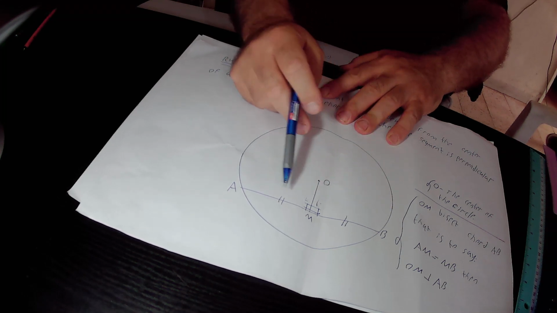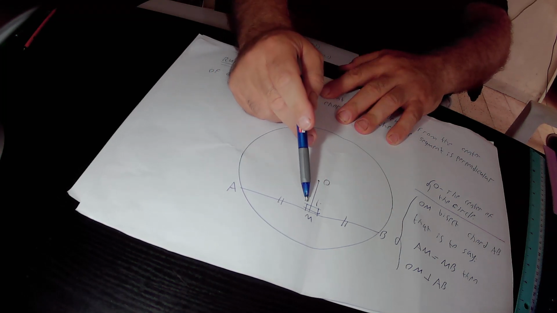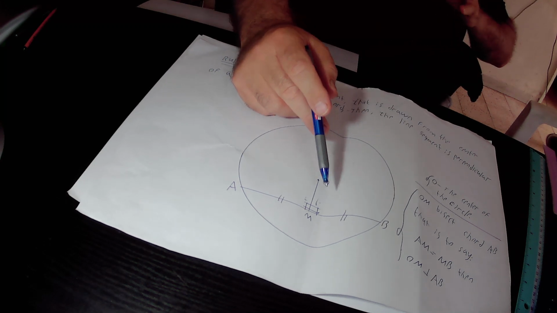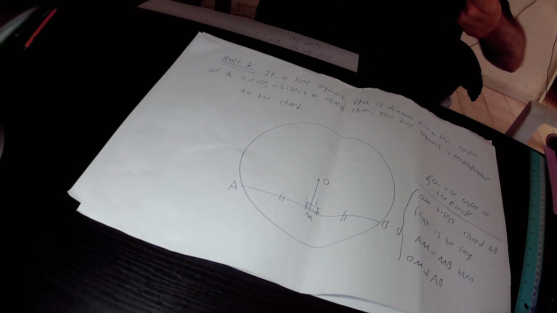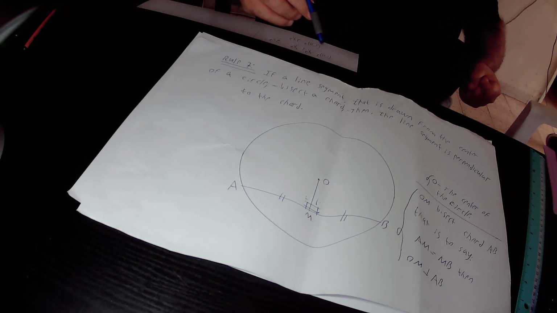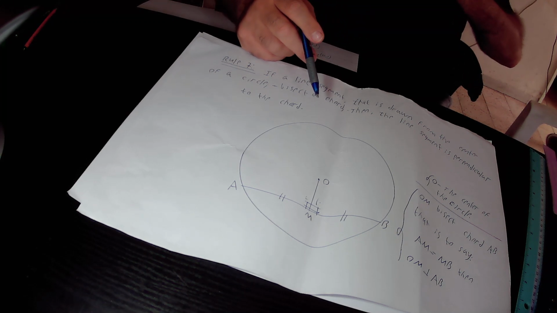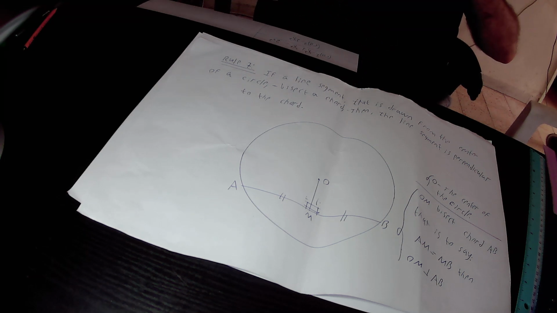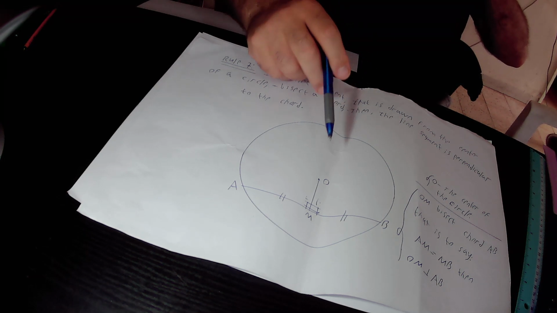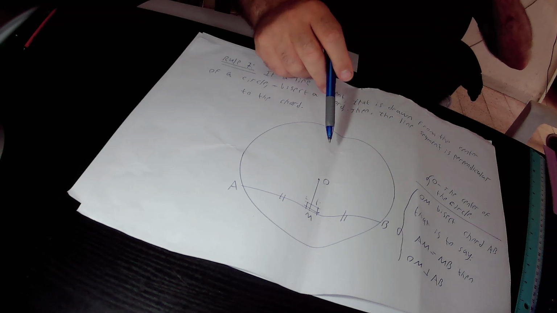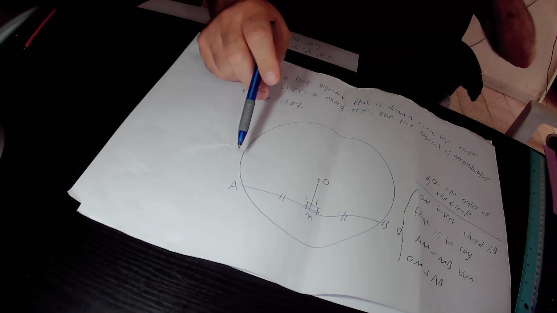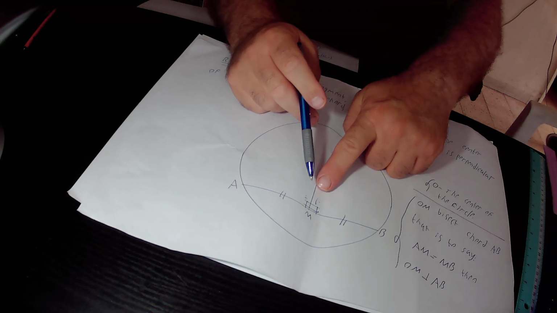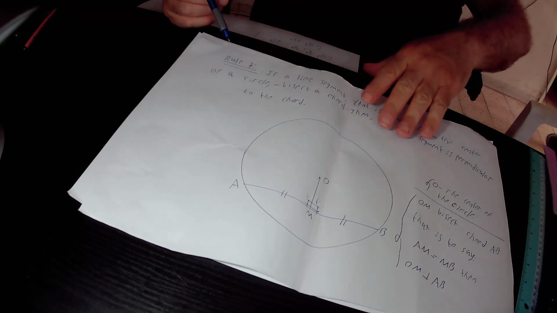So if OM is perpendicular to AB, this angle equals 90 degrees, and this angle also equals 90 degrees according to rule 7. So whenever you have a line segment that is drawn from the center of the circle and it bisects a chord, it will also be perpendicular to that chord.